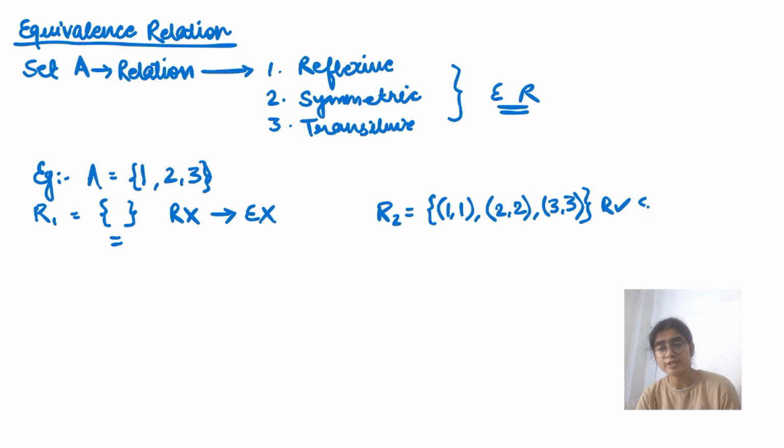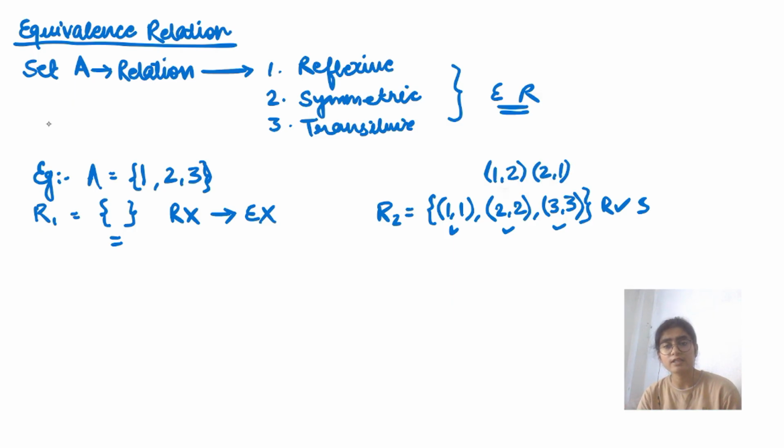Now we will check symmetric. For symmetric, we can say that if there is (a, b), then there should be (b, a) also. So if there is (1, 1), then there should be (1, 1) also. So it already satisfies this. Let's suppose that if we had (1, 2) in this relation, then there should be (2, 1).